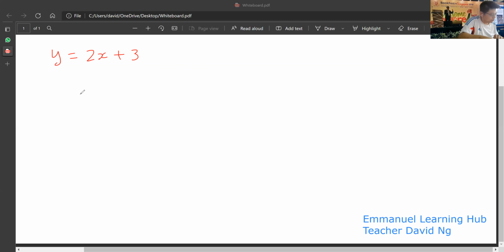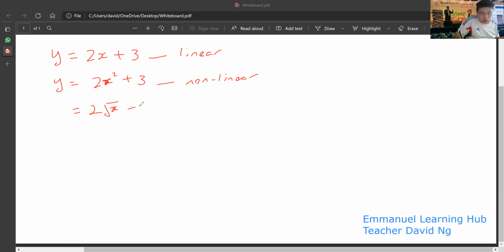This is not a linear expression. Likewise, this is not a linear expression. A linear expression only has plus and minus, simple ones.